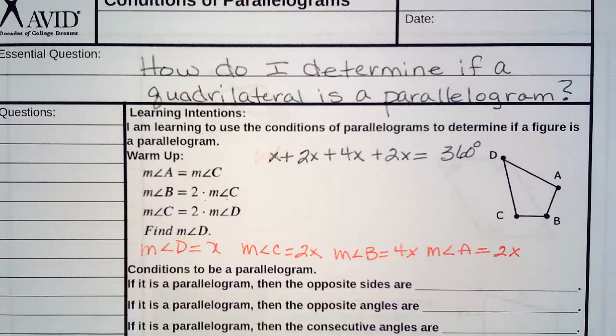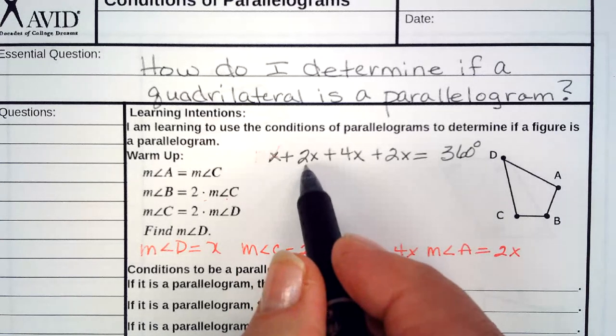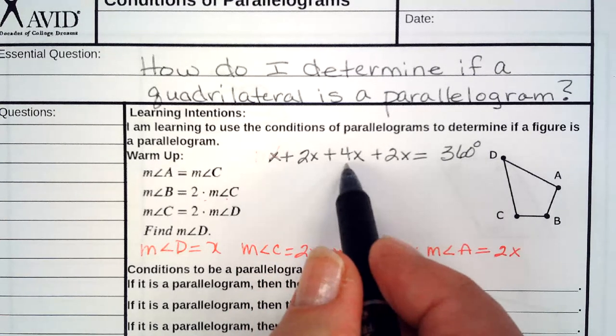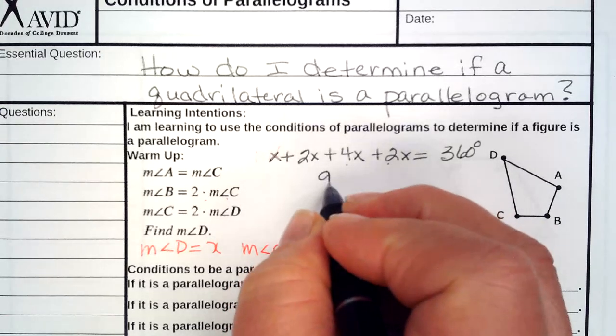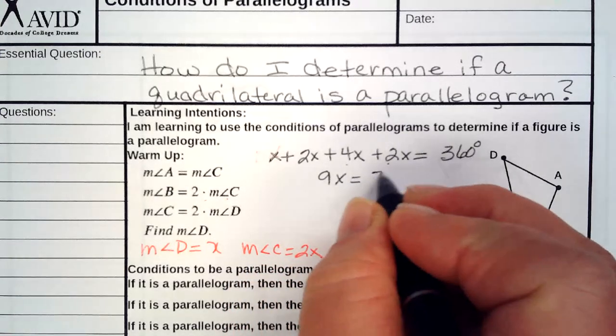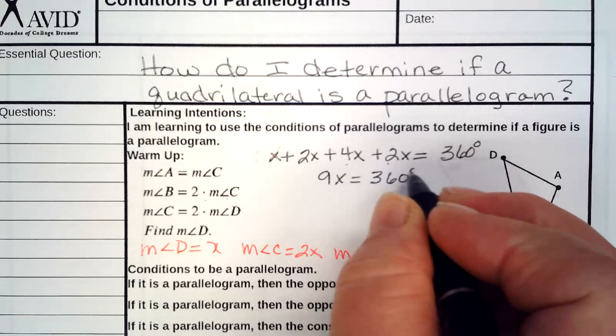You add all those angle measures up and it is equal to 360 degrees. So 1 plus 2 is 3, 3 plus 4 is 7, plus 2 more is 9. 9x is equal to 360 degrees.